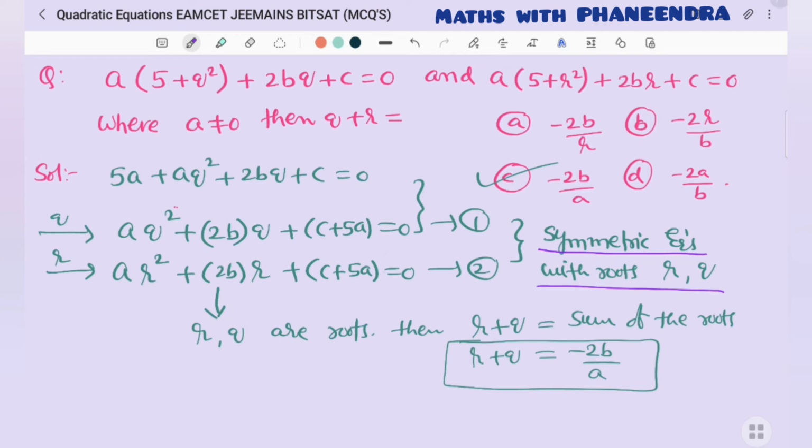That is the reason both are symmetric quadratic equations with r and q. So we considered that the second equation or first equation has the roots r comma q. So the sum of the roots, indirectly, they asked. We'll move on to the next question.